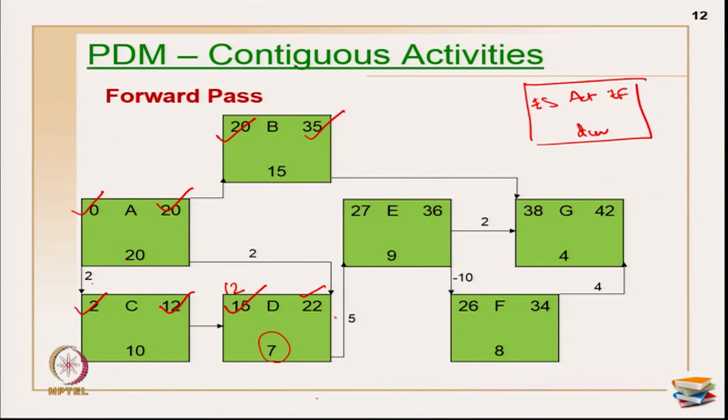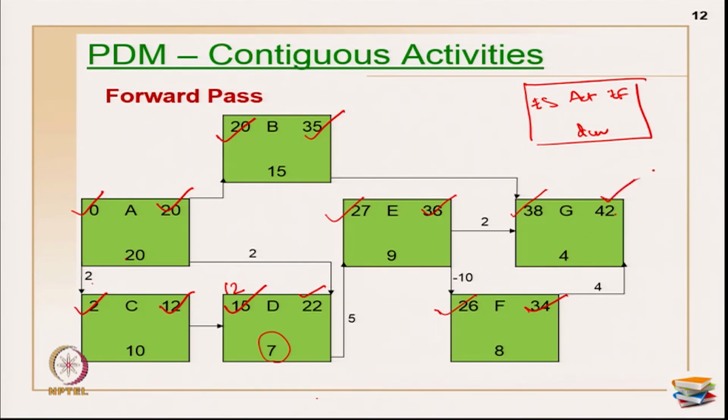Now 22 plus 5 is 27 for the early start of E. The earliest I can finish E will be 27 plus 9, which is 36. Now 36 plus 2 is 38 and this is 35, the maximum is 38, so I am going to go with 38. Now, 36 minus 10 is 26, use the sign so that it is easy for you. 26 plus 8 is 34, now 34 plus 4 is 38, 38 plus 4 is 42.